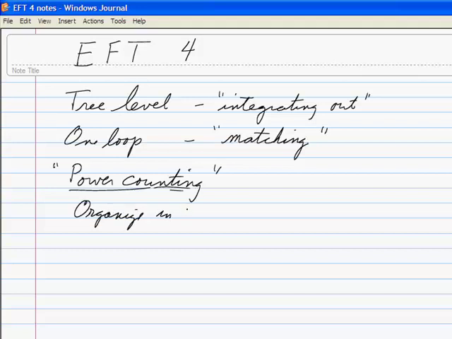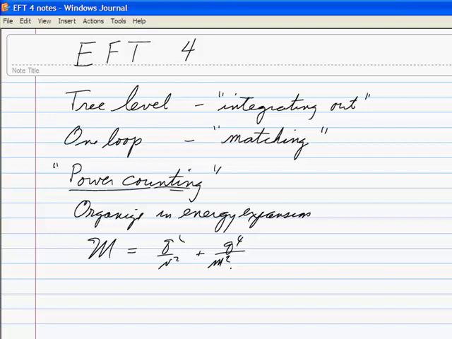So we're counting powers of derivatives. We have our matrix elements that start off as q squared over v squared plus q to the fourth over m squared v squared plus dot dot dot. So matrix elements got organized in the energy expansion.